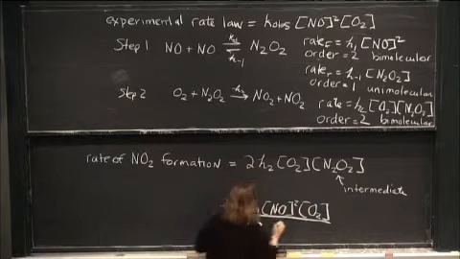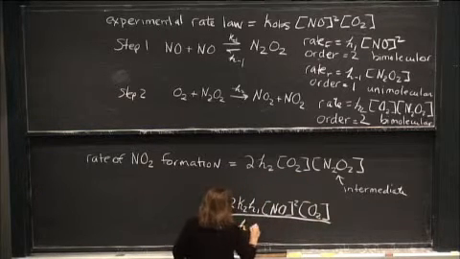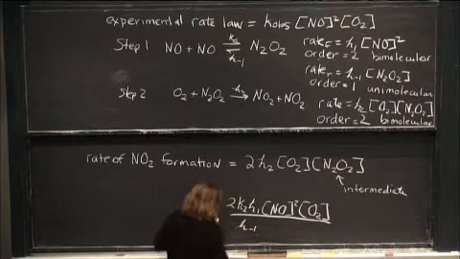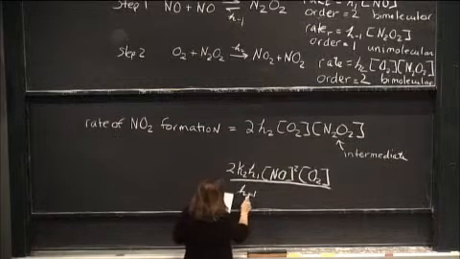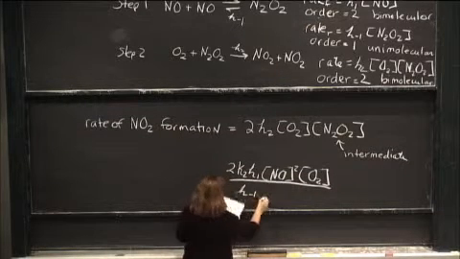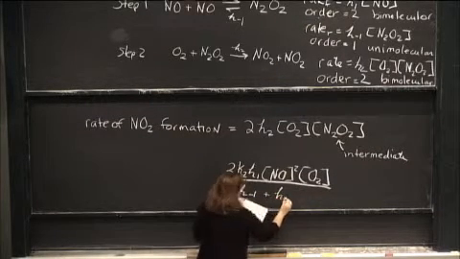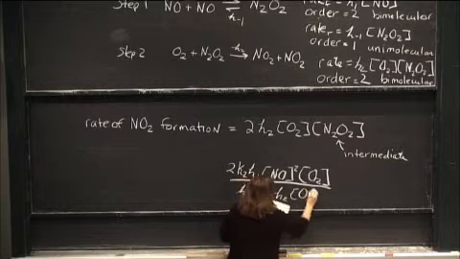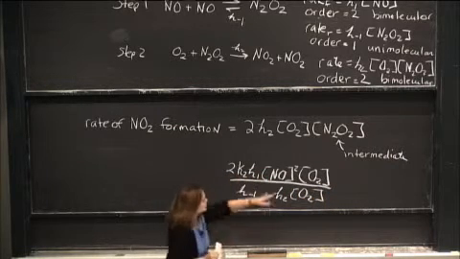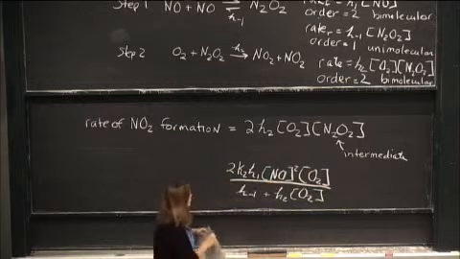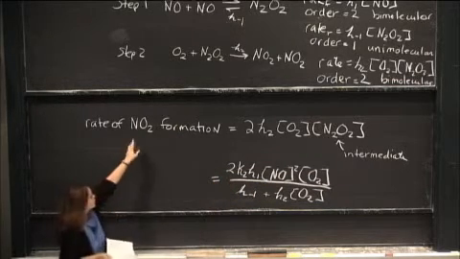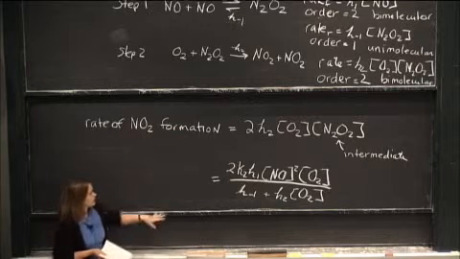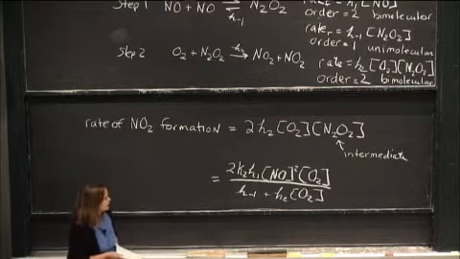And this is all going to be over K minus 1 plus K2 times our concentration of O2. So we've just substituted that term in here, and now we have a new expression for the rate of our product formation, and that's lovely.